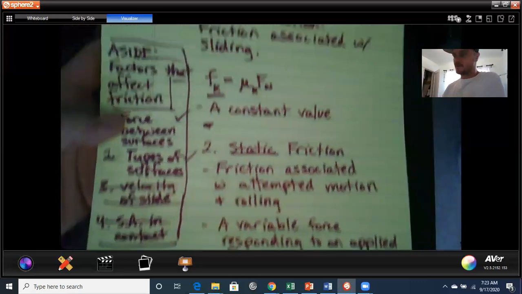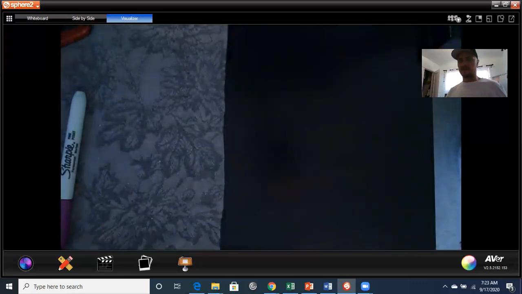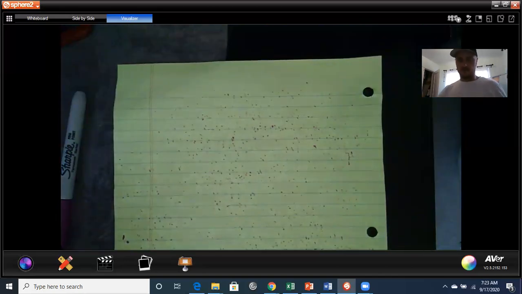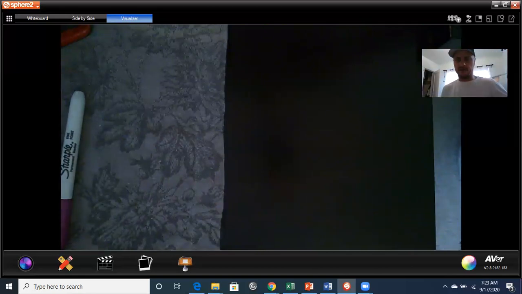Let's look at a graph that associates these two. So we're going to put in next on numeral 4, graph associated. I just put graph of static and kinetic friction. How about that? Graph of static and kinetic friction.